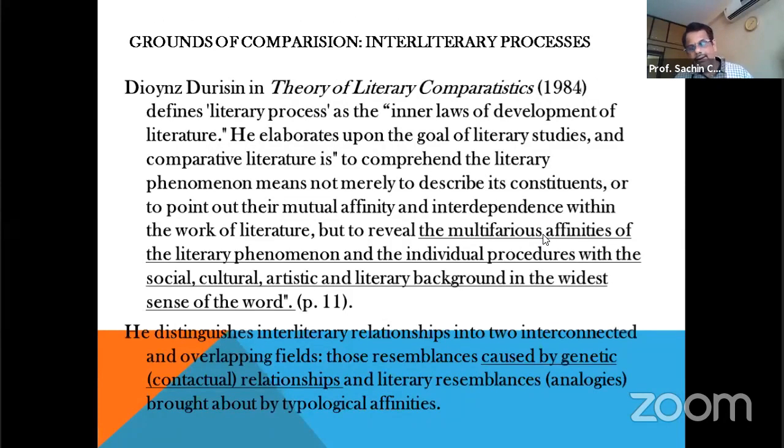The third important ground of comparison comes from a very famous Slovak theorist called Dionýz Ďurišin, a theorist whose ideas I work with extensively. And he takes what is known as a process view of literary studies instead of product. So once you start looking at literature not as products but as process, the whole idea of originality disappears.